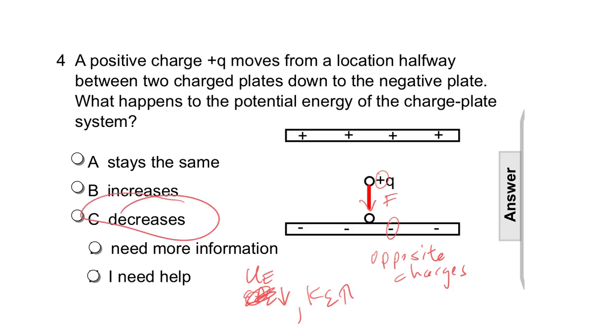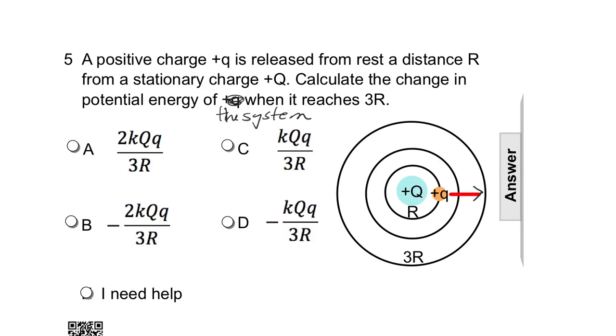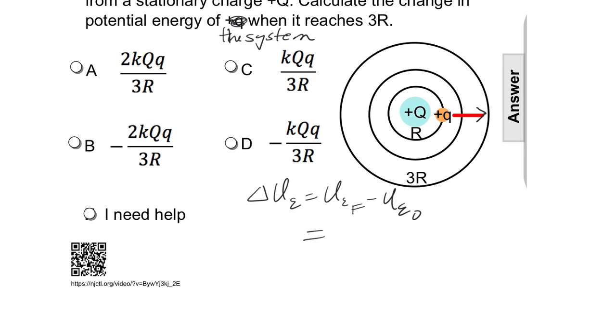So, okay, the change in U electrical equals U EF minus U E original. So that'd be KQQ over R final minus KQQ over R original.